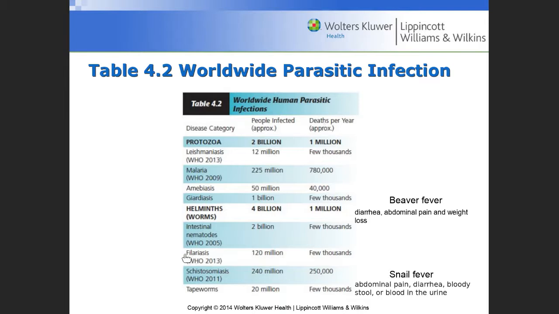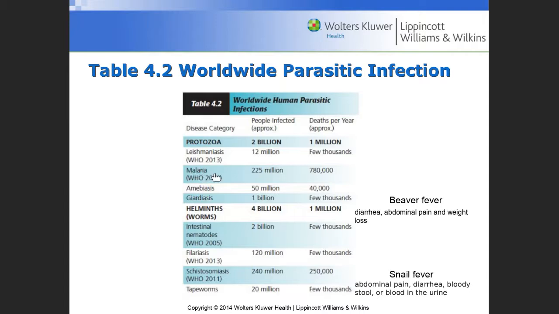All right, so what this slide shows is parasitic infection worldwide, and there seem to be many, many millions of people who die from parasitic infection. Most of this is because of unsanitary conditions. There are many kinds.